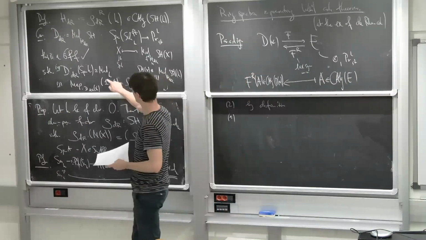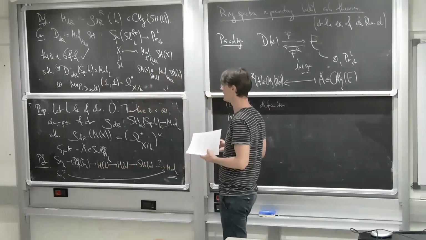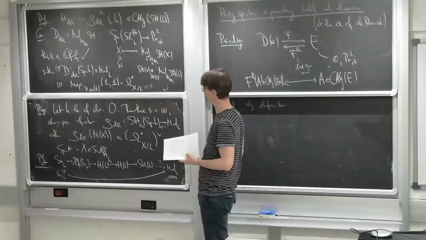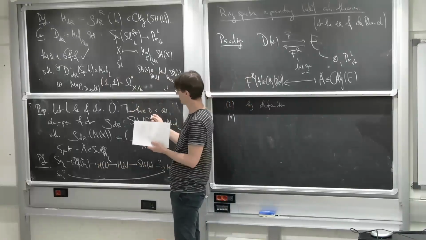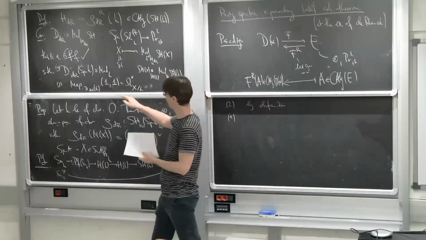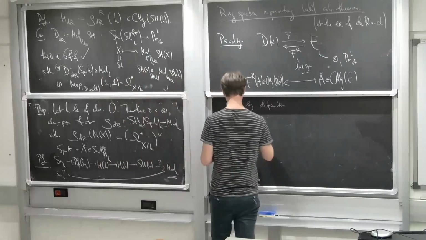So why is it that this category here simplifies so much again? It's a little bit in the spirit of the rigidity theorem, right? There it was also the statement saying that some six functor formalism simplifies drastically. Here, however, it's only proven over a base field. So why is that?